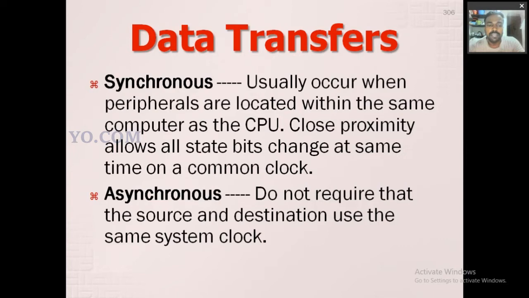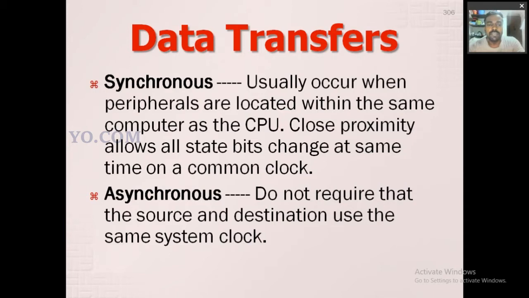That is called synchronous. Asynchronous means every device operates at a different frequency. It does not require that the source and destination use the same system clock. In asynchronous data transfer, a transmitter operates at one frequency and the receiver at another frequency, so both are not the same.